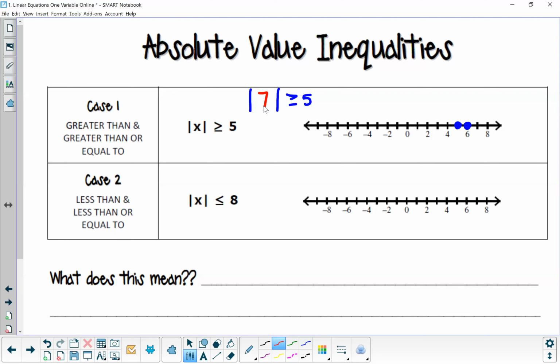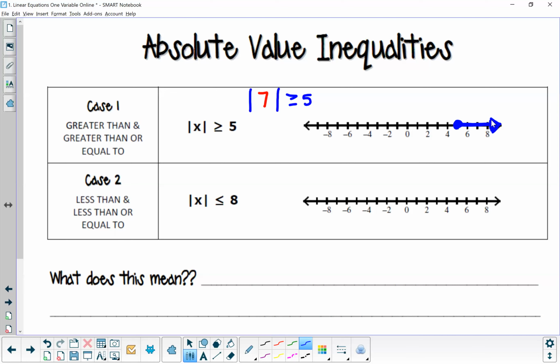Is the absolute value of 7 greater than or equal to 5? It is. And in fact, I'm going to redo this. We would have a circle at 5 and we would shade everything to the right of 5. That's part of our solution.